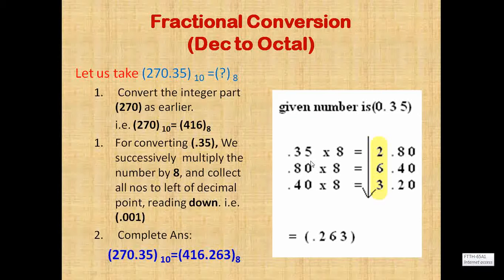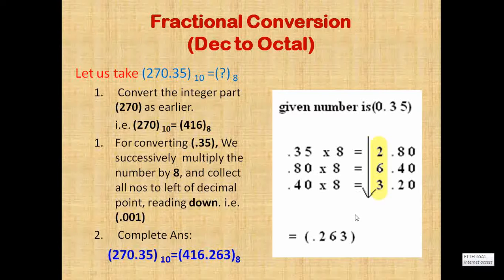This will again be multiplied by 8. So when we multiply 0.80 by 8, we get 6.40. Again we will leave out this integer part and the fractional part will be multiplied by 8. So 0.40 into 8 becomes 3.20.